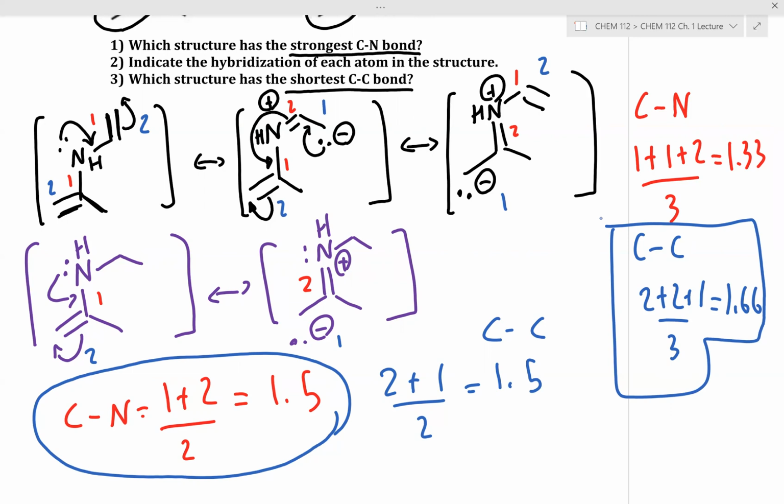That's why you have to draw out the resonance structures, count and average your bond order, and then compare. Does that make sense to everyone? So we'd established that the bottom structure has the stronger carbon-nitrogen bond, and the top structure has the shorter carbon-carbon bond. Yes?